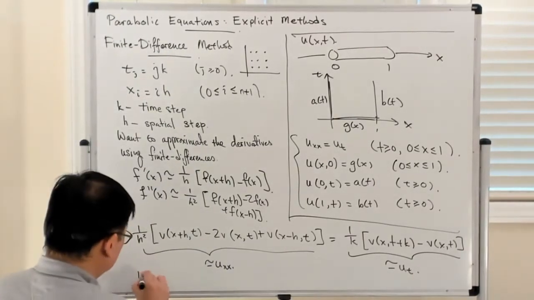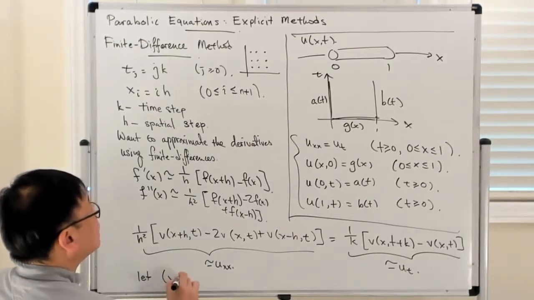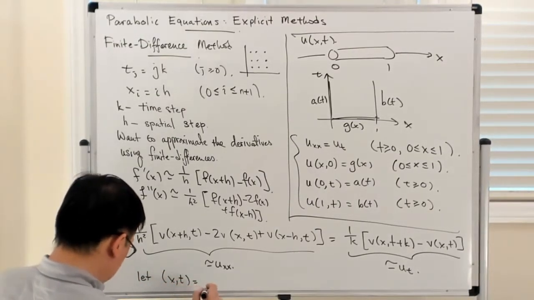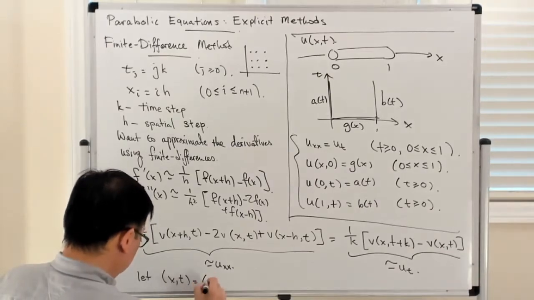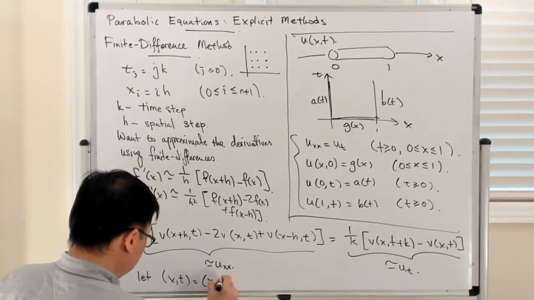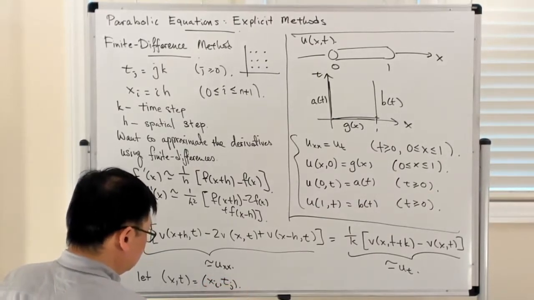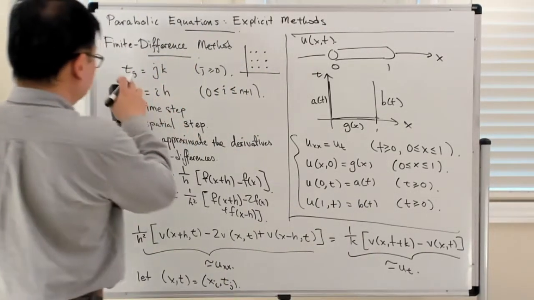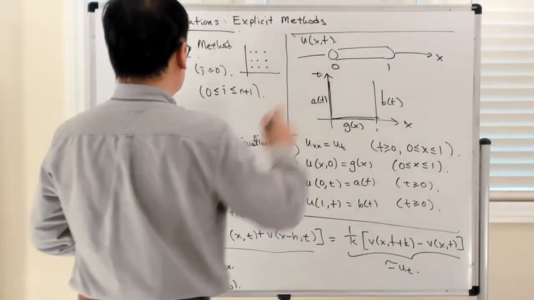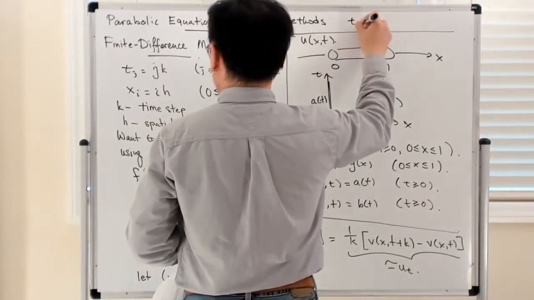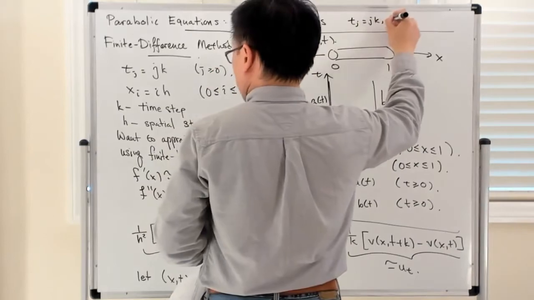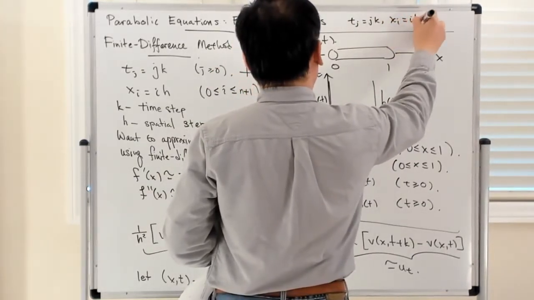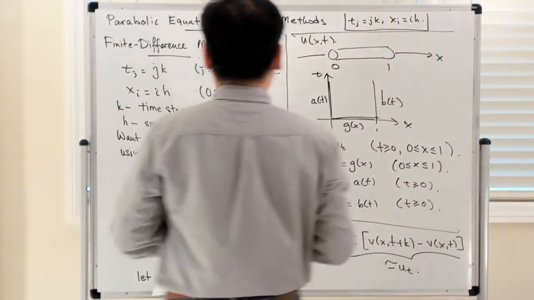All right. So I'm going to let x comma t be x_i comma t_j. Okay, and when I do that, I can rewrite this in terms of this kind of indexing notation, right? So t_j is equal to j times k, and x_i equals i times h.